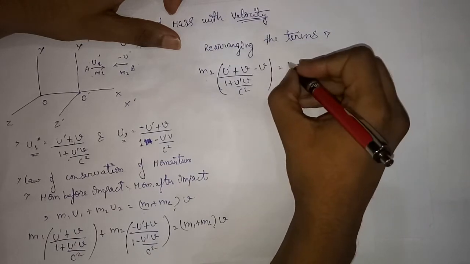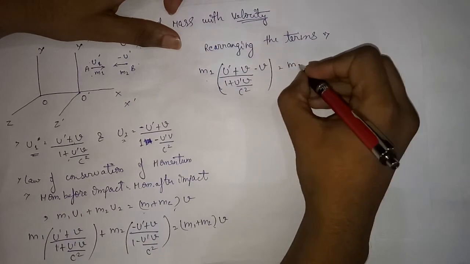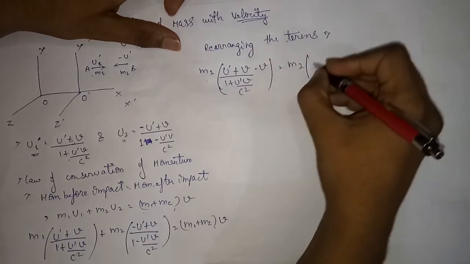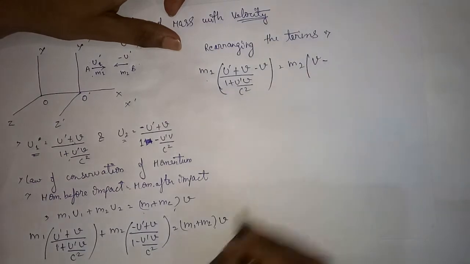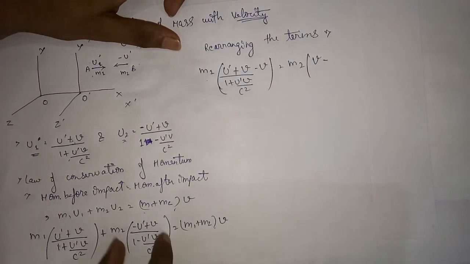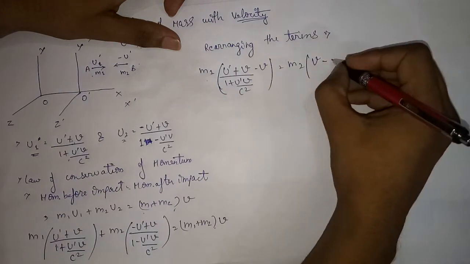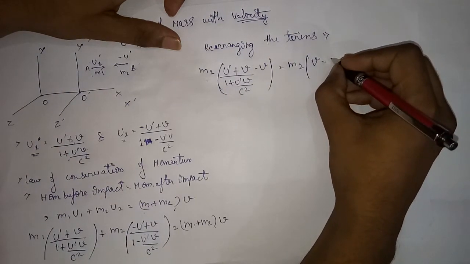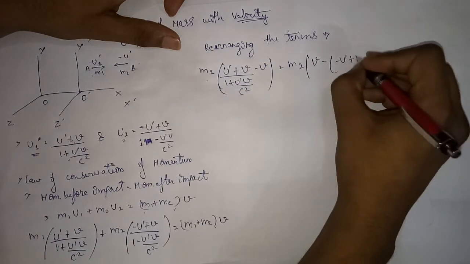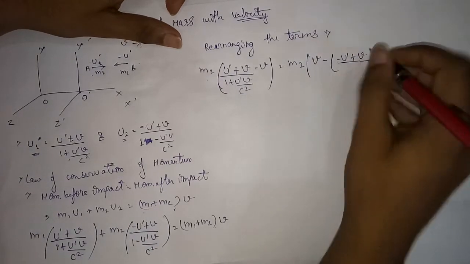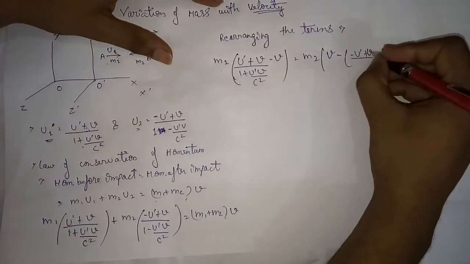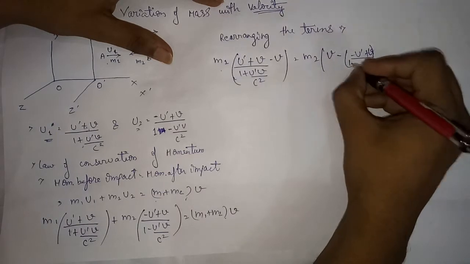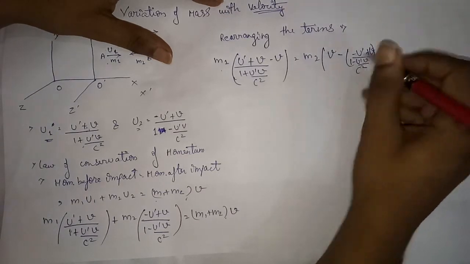And similarly on this side we have m2 times v minus, this term goes to this side, so v minus u dash plus v upon 1 minus u dash v upon c square.